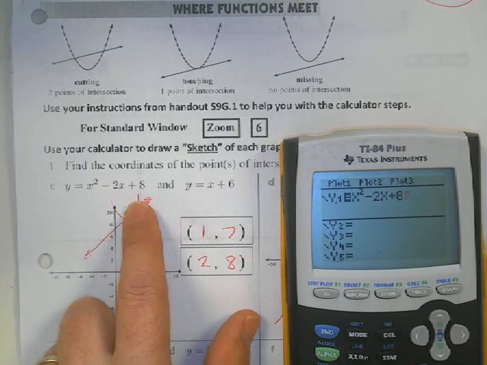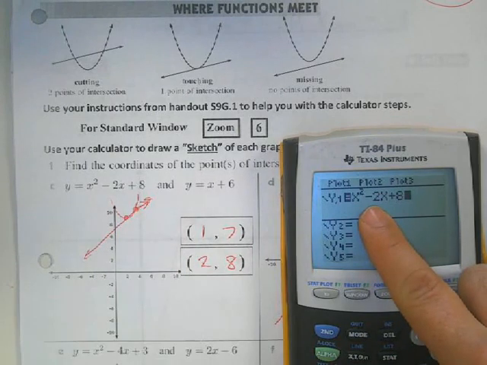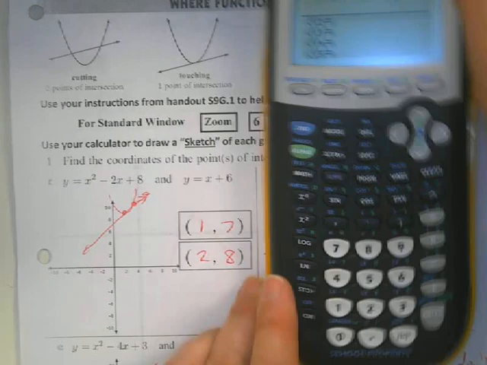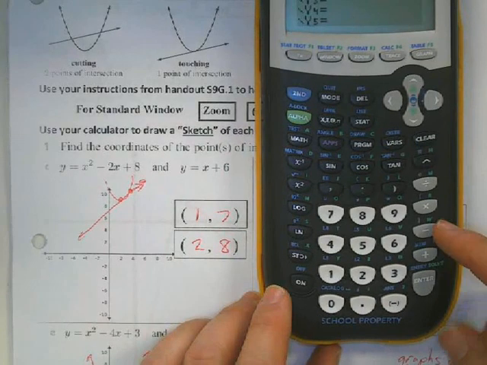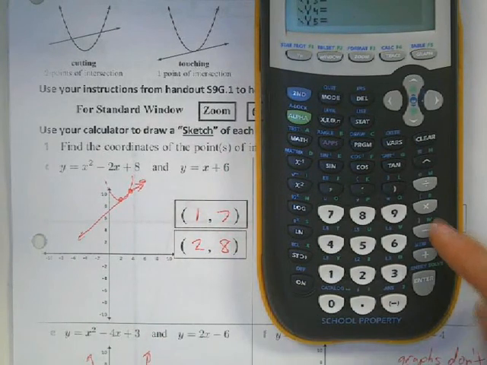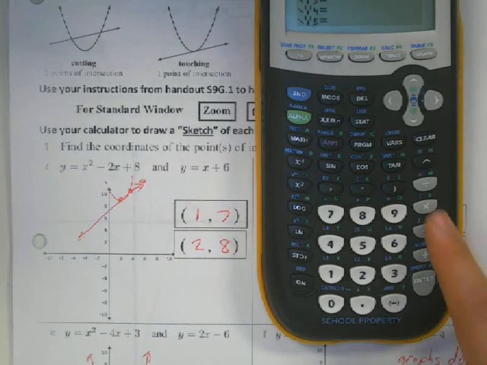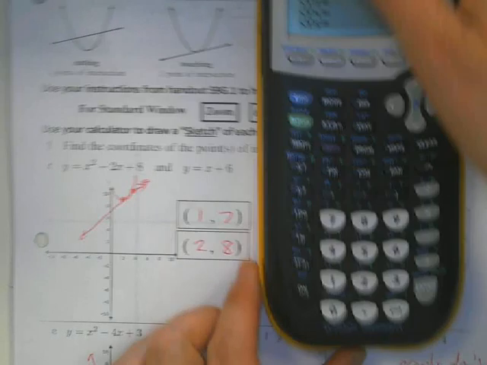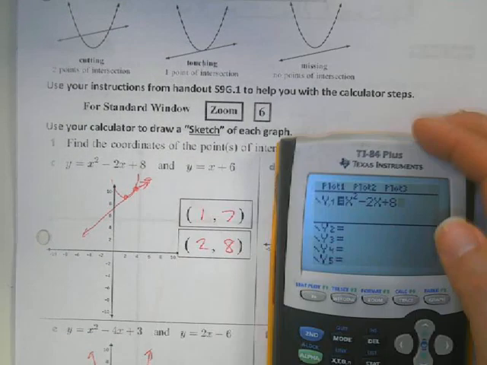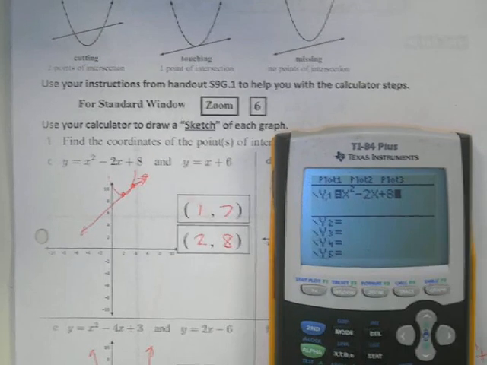Now be careful here. Notice this is a big minus. The mistake that people were making is this one here is for minus, this one here is for a negative sign. If you're using the wrong one, then you're going to get an error and you're going to be like, oh, it's not working for me. So make sure you're using the correct minus symbol.